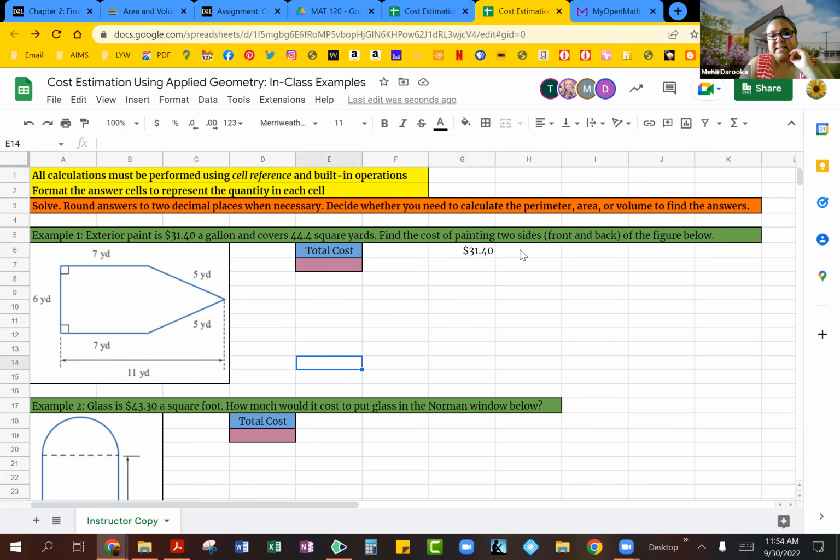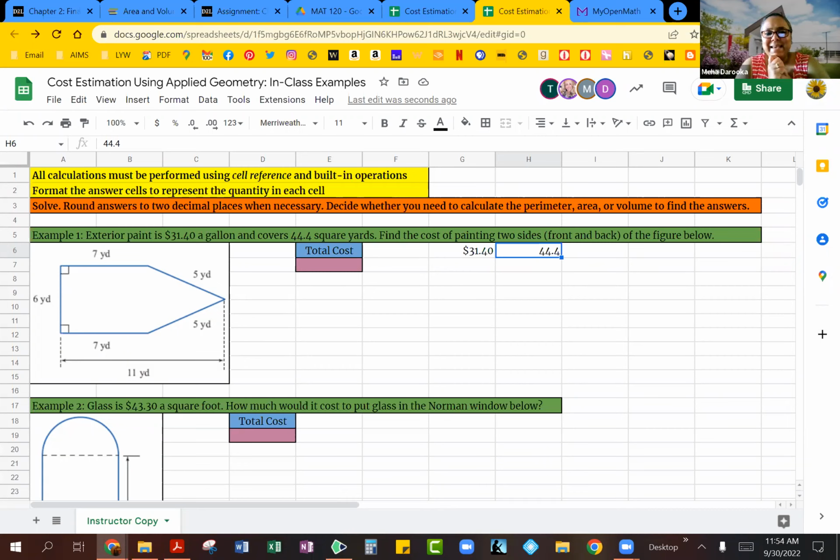And they're telling us 1 gallon of exterior paint is going to cover 44.4 square yards of surface area. They're asking us to find the cost of painting 2 sides of this figure below. By 2 sides, we mean, if this was like a door, we want to do the front and the back of this door.